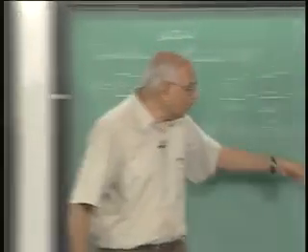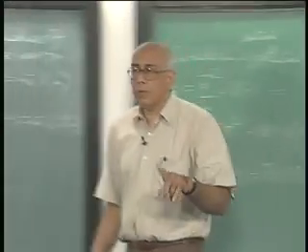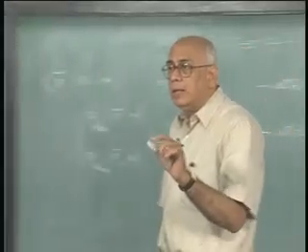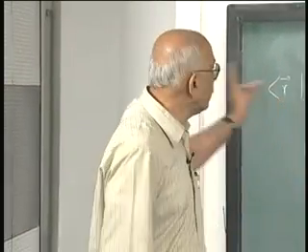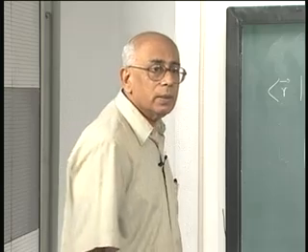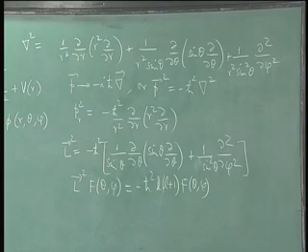But you can ask, where did this come from? This came from saying that P is represented by minus i h cross del. It really came all the way from there. And where did that expression come from?